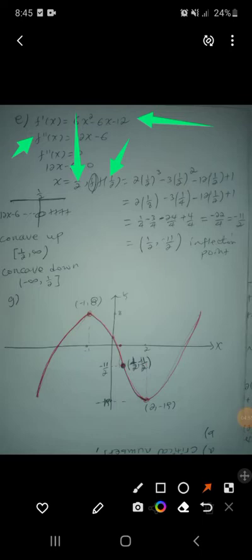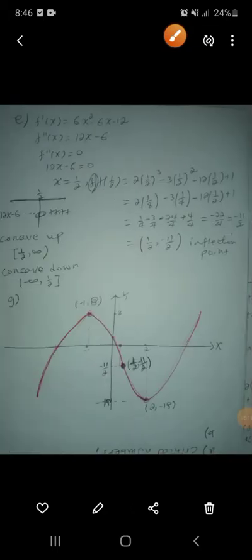If we substitute into the original function 2x³ - 3x² - 12x + 1 at 1/2, the result will be -11/2. So the inflection point is (1/2, -11/2).